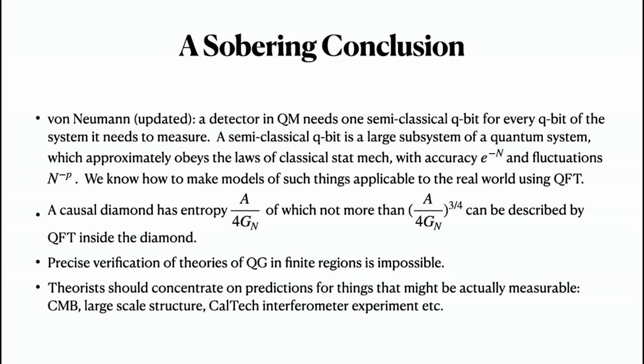That's the only kind of mathematical system that has anything to do with the real world that we know how to make up. And quantum field theory put together with gravity just doesn't have enough states to detect what's going on in a finite universe.